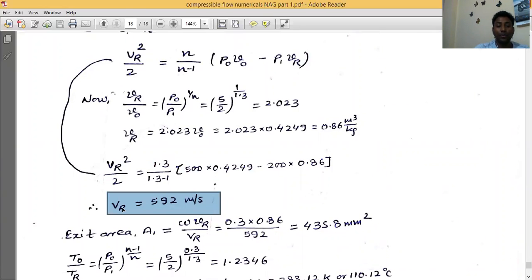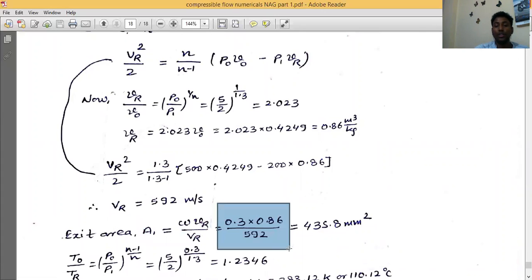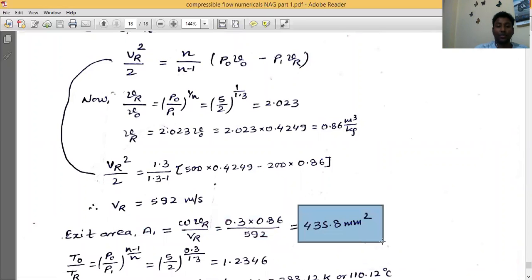In a similar way, from mass continuity, by mass conservation, the exit area is equal to mass flow rate into specific volume divided by velocity. So let us substitute this data, and we get the exit area. We have calculated the value of exit area for the case of isentropic flow as well as when the flow was supersaturation.